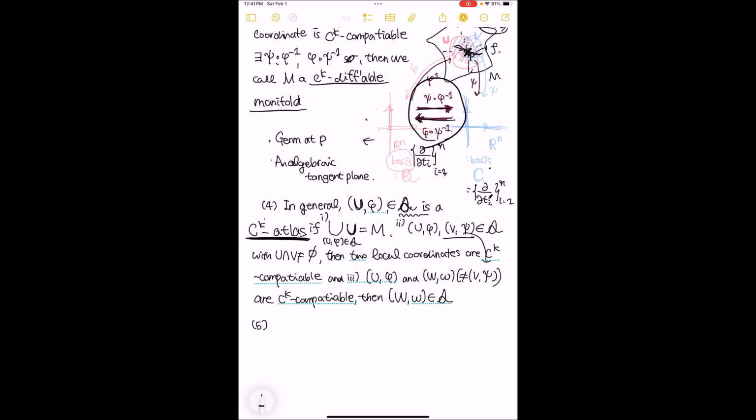In particular, if the definition of a manifold is difficult to understand, instead of manifolds we can accept the definition of surfaces. An orientable two-dimensional smooth manifold, a C-infinity manifold, is called a surface.